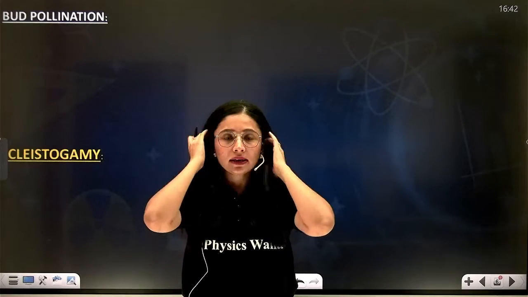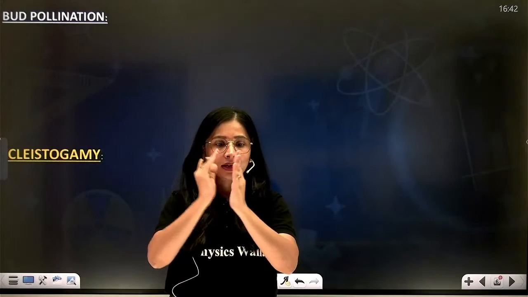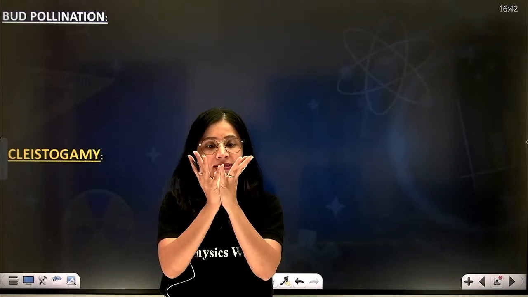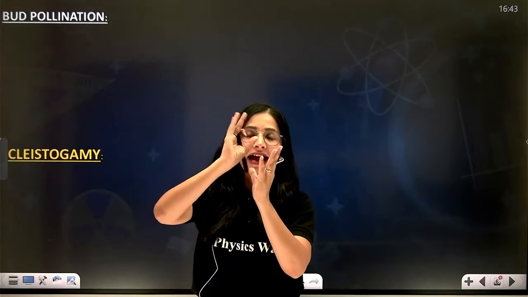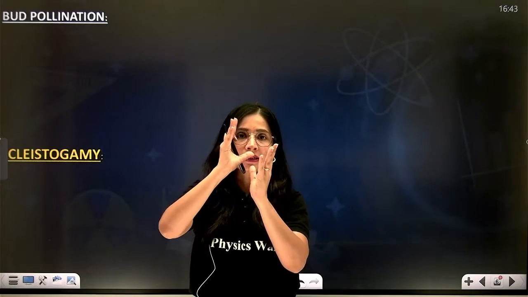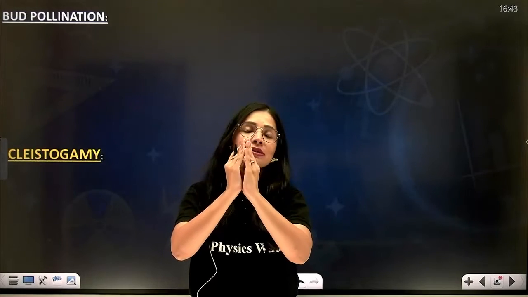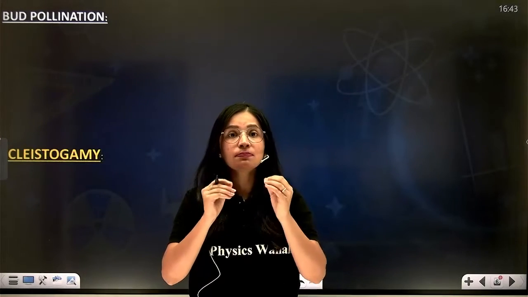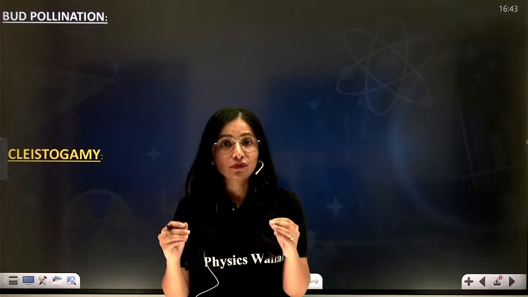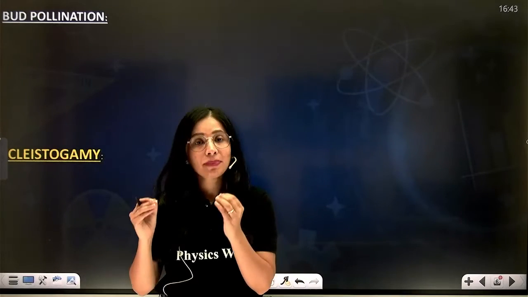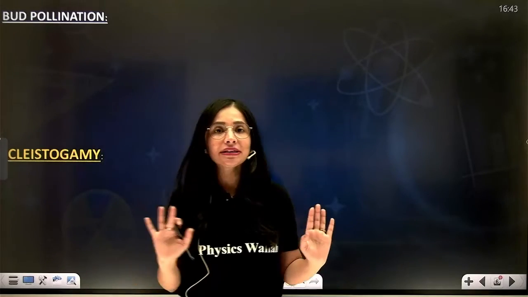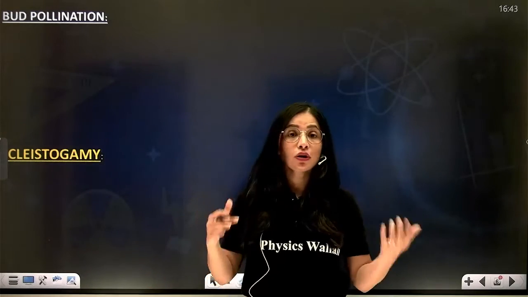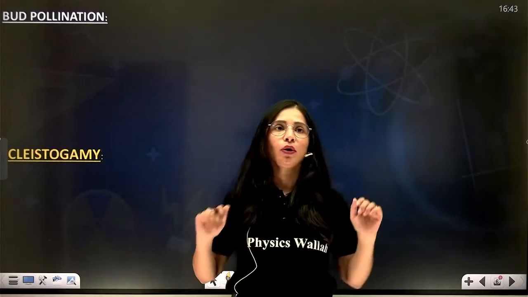Now, this bud has both the sex organs inside it, male as well as female. Before the flower opens, pollination is already done. The anther has matured, it has released the pollen grain and it has fallen on its own stigma. So this is known as bud pollination. When the flower was present in its bud stage, it has still not opened and yet pollination is done. So bud pollination also ensures self-pollination.